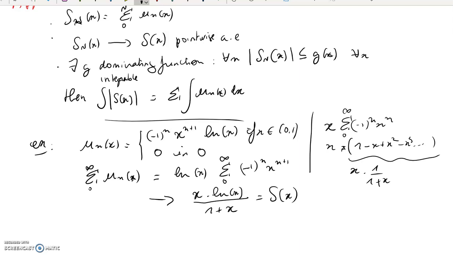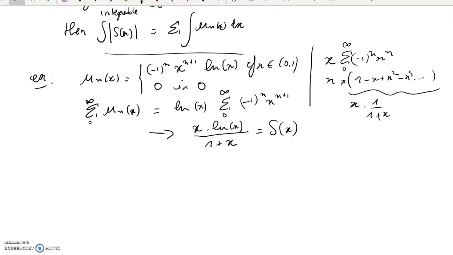Next, if I want to find out that the integral of s of x is equal to the sum of the integrals of the un of x, let's find the dominating function. So to find the dominating function, when we have a series, what we can do is just very easily dominate every term and then take the sum of this new series.